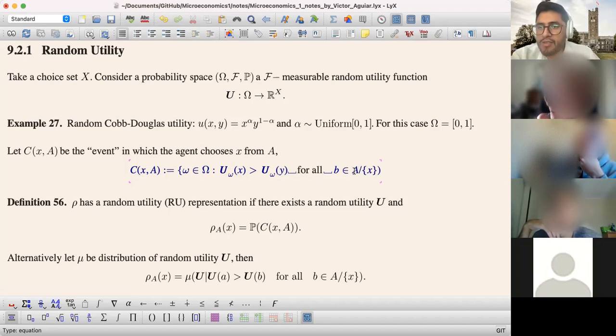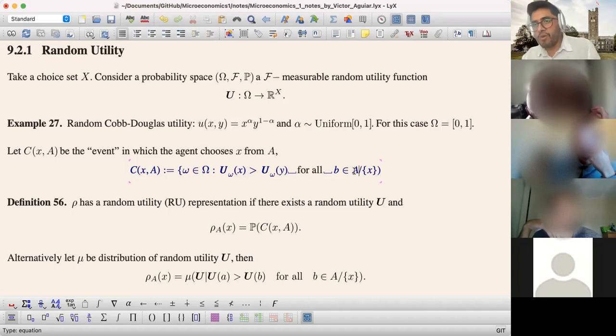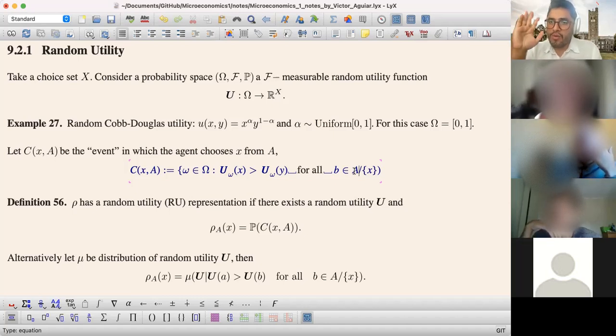Another way to interpret Omega is, for instance, hidden states of the world. For instance, I am an observer, and I only see choices from you from the community center, right? And then I saw that one day you bought a sandwich with a warm drink, right? And the other day you bought it with a cold drink. Now that means you violated WARP, right?